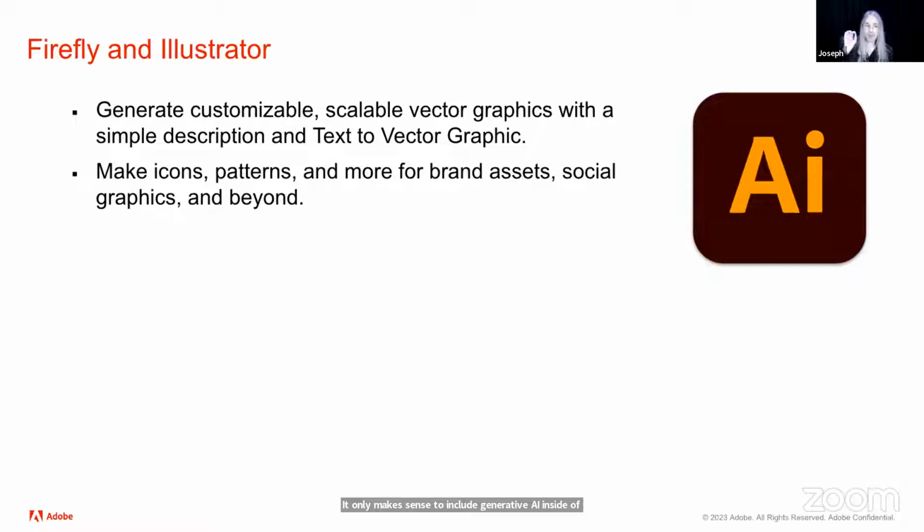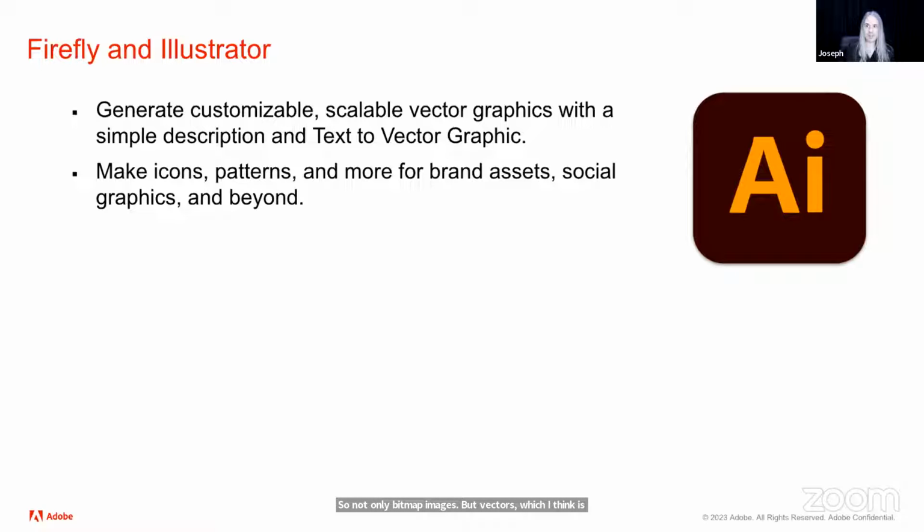So when it comes to Illustrator, if you're not familiar with it, it's used to create vector graphics primarily. And vector graphics, of course, can be scaled and recolored and all sorts of stuff. Firefly can actually be used to generate vector graphics. So not only bitmap images, but vectors, which I think is a very big deal.